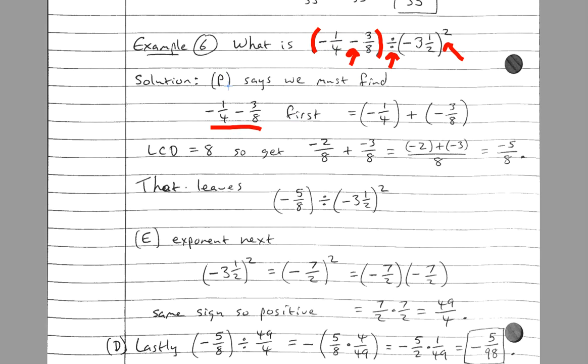So we're doing the P first, like we're supposed to. So -1/4 minus 3/8. That's the same as -1/4 plus the opposite of 3/8. Okay, so we're changing the subtraction to an addition. We always do it like that.